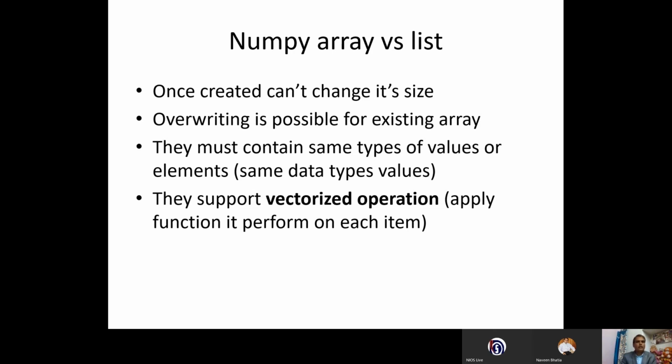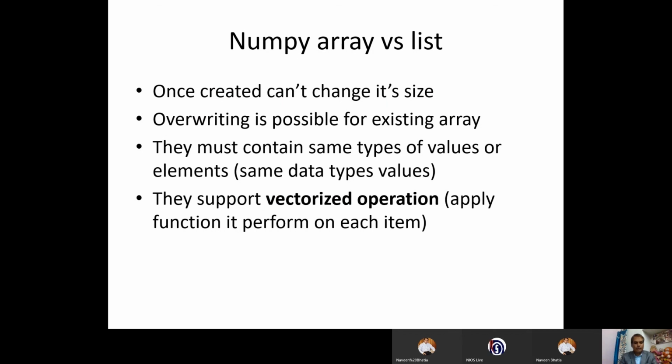Once the array is created, its size cannot be changed. Overwriting is possible for an existing array. They must contain the same type of value or element, same type of data value. They support vectorized operations, apply function. It performs on each item, but it is not possible with a list.